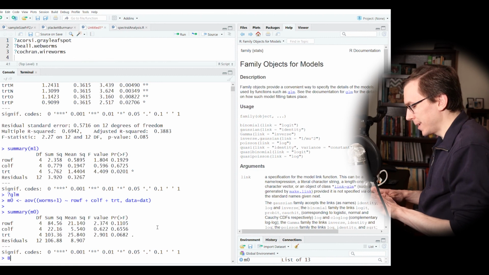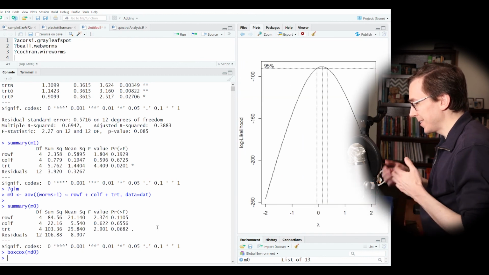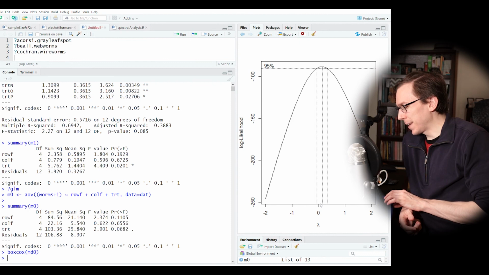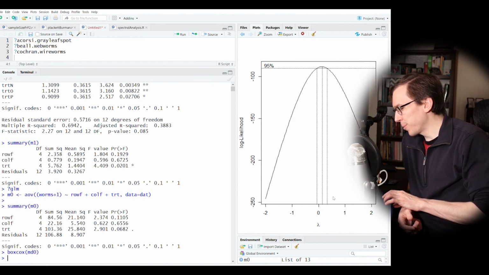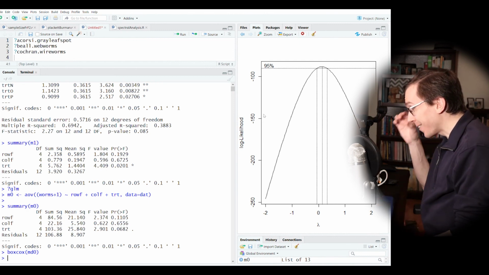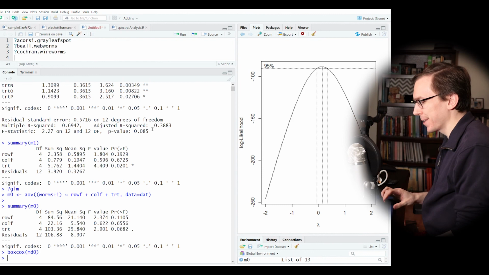However, we can always go to Box-Cox, apply it to model 0, and see what it tells us. And it actually seems to prefer something closer to a log transformation, it looks like, than a square root transformation. You can actually get out these numbers rather than just staring at this plot and trying to see what's going on.